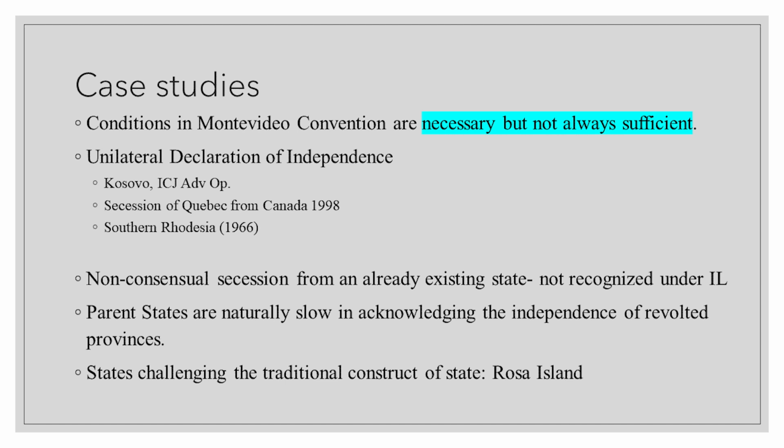Now, there's another interesting example about which you all can read, and it is Rosa Island. This was first of its kind because it was an artificially constructed island, made from wooden planks and iron hollow pillars, in high seas near the coast of Italy.